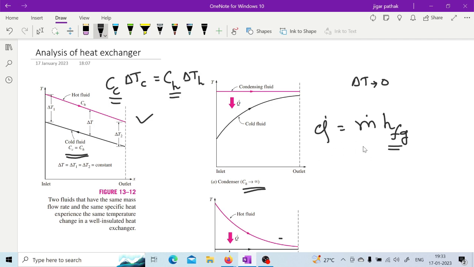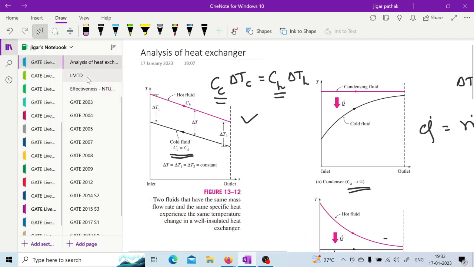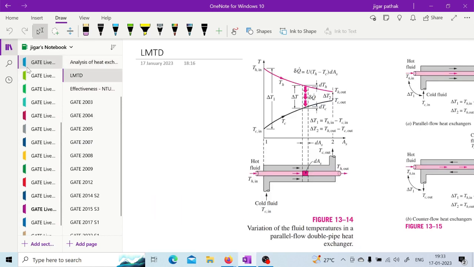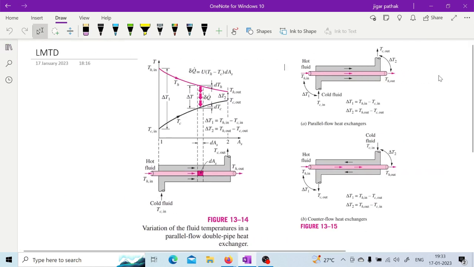So you have to have an idea about boilers and condensers, in which one of the fluids has infinite heat capacity. After having this basic idea about the heat exchanger, we can go to the LMTD, which means the logarithmic mean temperature difference.